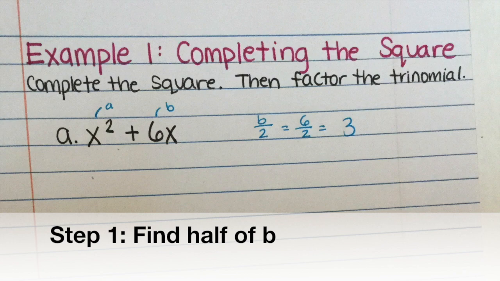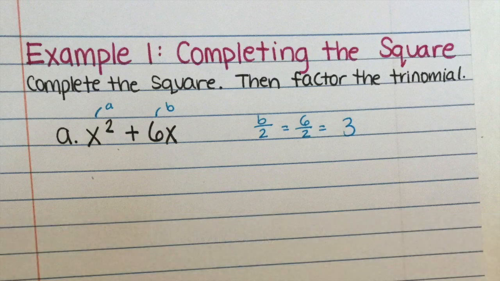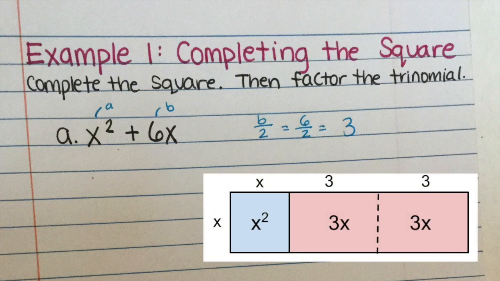I've labeled a and b in my expression. Our first step is to take that 6, which is the value of b, and find half of it, so b divided by 2. Essentially, we're splitting that 6x term in half so that we have 2 parts that are equal to 3x. So half of b is 3.